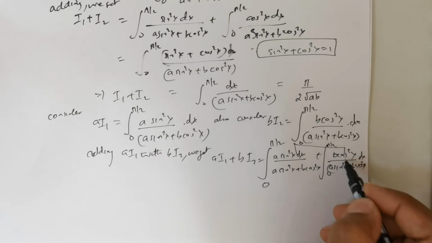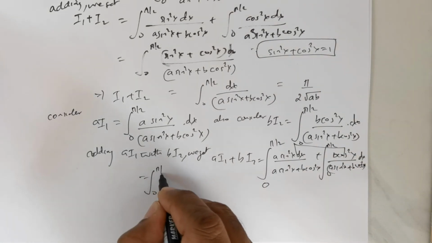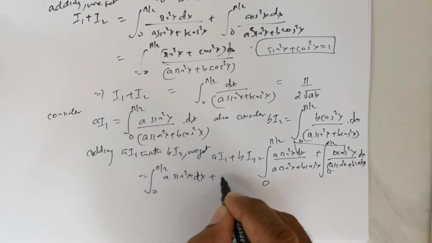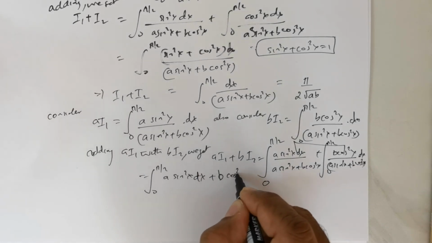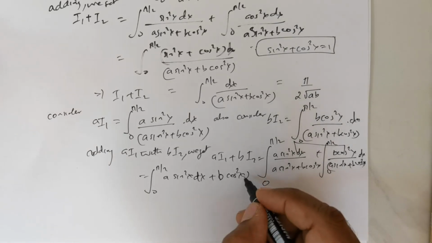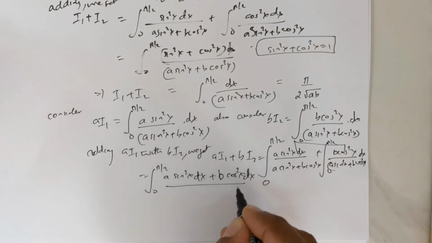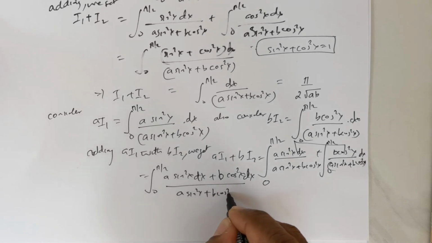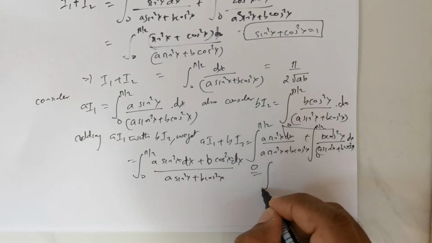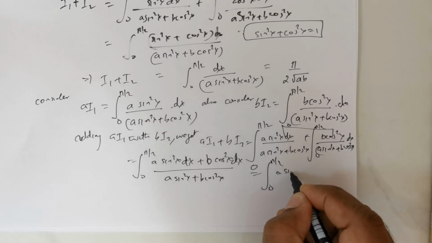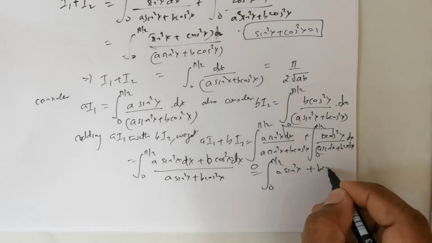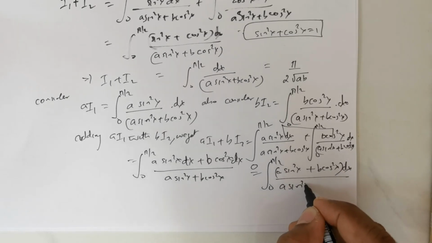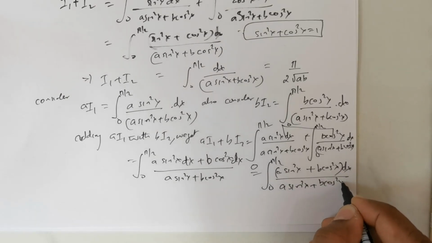Now you can add these two together and rewrite it as the integral from 0 to pi over 2 of a times sine squared x dx plus b times cos squared x times the dx, divided by a times sine squared x plus b times cos squared x. Now I can rewrite this as the integral from 0 to pi over 2 of a times sine squared x plus b times cos squared x, times the dx, divided by a times sine squared x plus b times cos squared x.